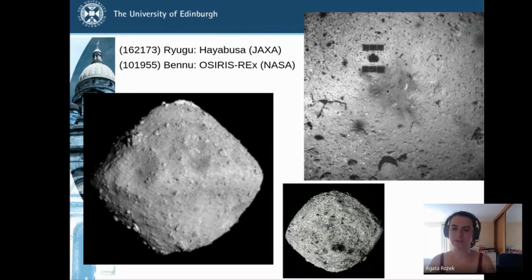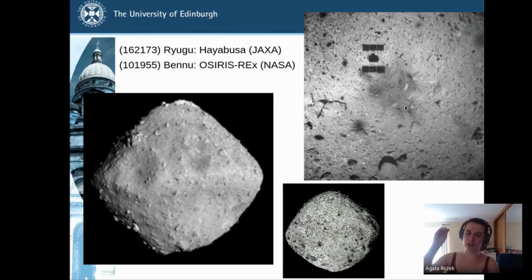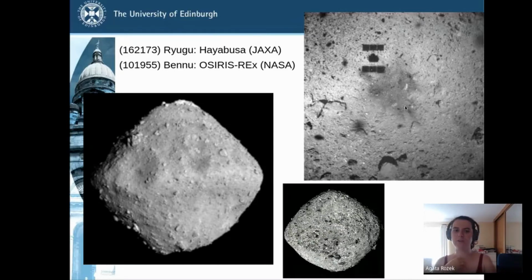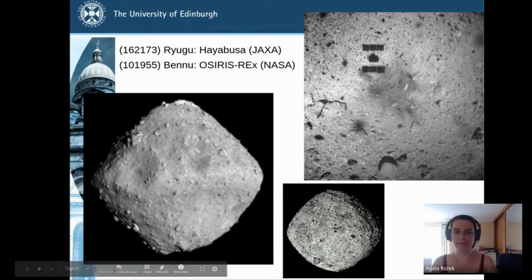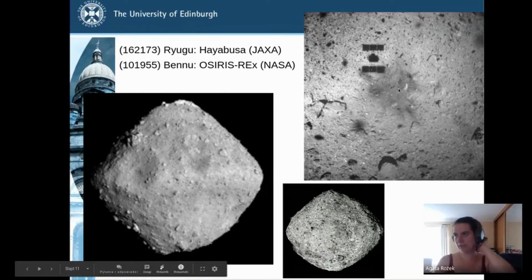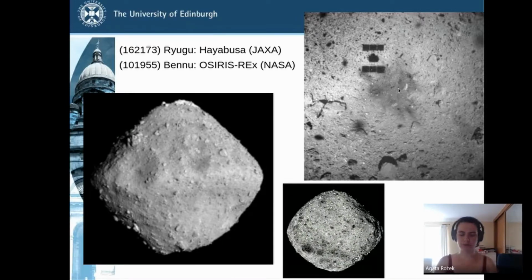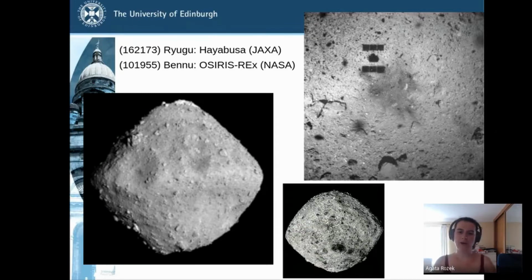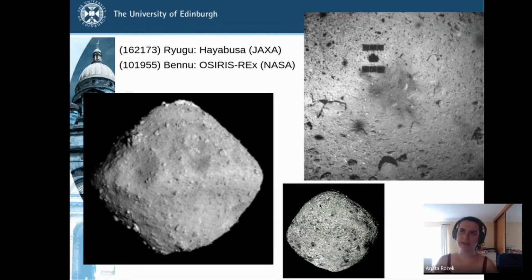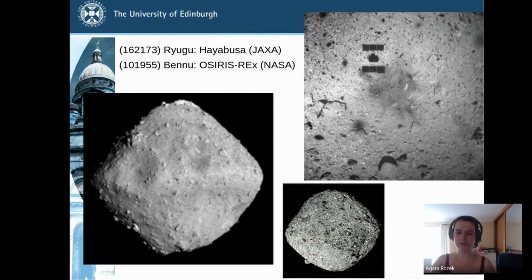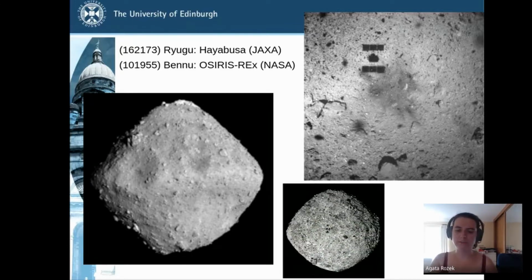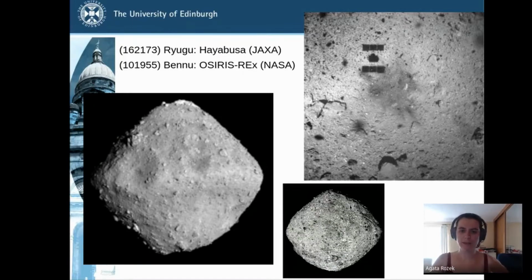And this is image of the site where Hayabusa shot a projectile into the surface of Ryugu before collecting the sample. So Hayabusa has already collected its sample last year, and it's on its way back to Earth. OSIRIS-REx is due to collect a sample with a robotic arm later this year, and then it's going to be coming back to Earth as well.